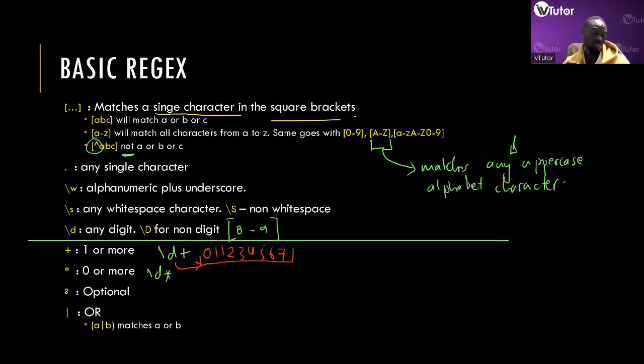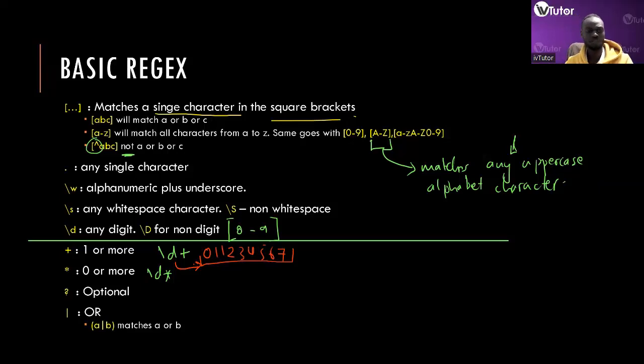If there's one digit, still it's a match, right? Which means it's 0 or more matches. That's what it means, 0 or more. Then the question mark means optional. So you use a question mark for something that may or may not be required. And we'll see examples of using the question mark.